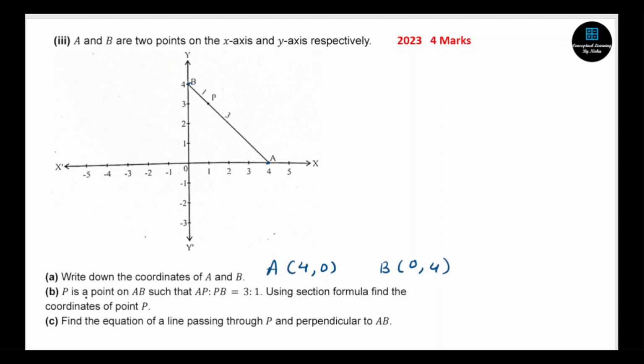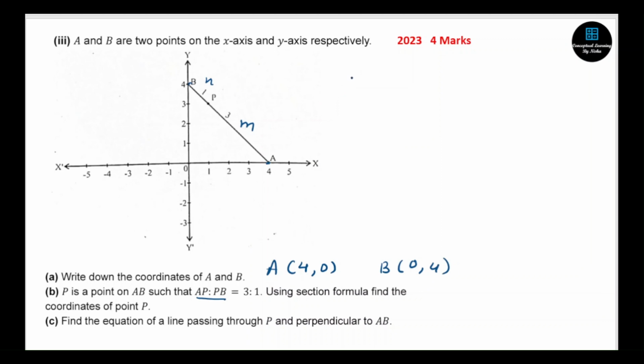Next, P is the point on AB such that the AP to PB ratio is given as 3:1. Using the section formula, find the coordinates of P. So the ratio is given 3:1. Now this is your m value, this is your n value. Remember this.